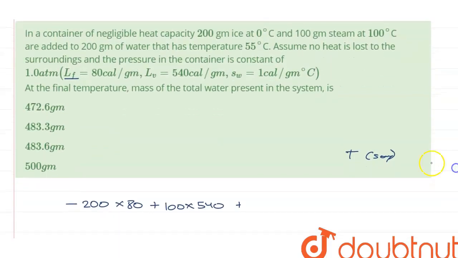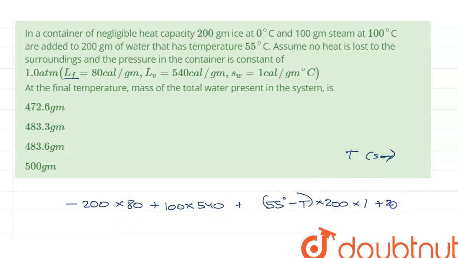So the water that is at 55 degrees Celsius will try to reach this temperature. So let's say 55 minus T multiplied by the mass of the water, that is 200 grams, into the specific heat, which is 1, plus the water that we have obtained by melting of ice.